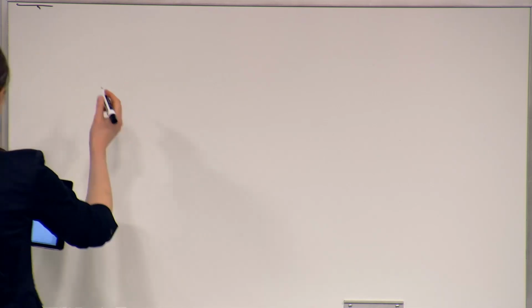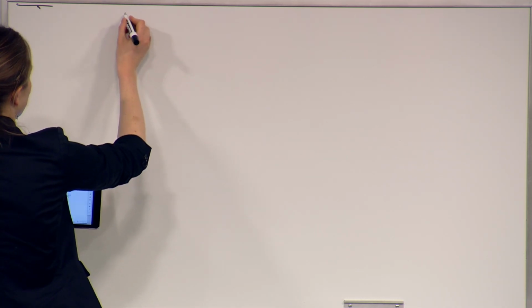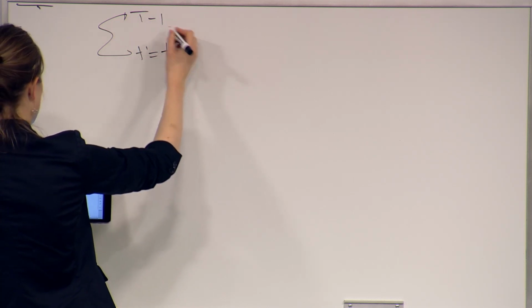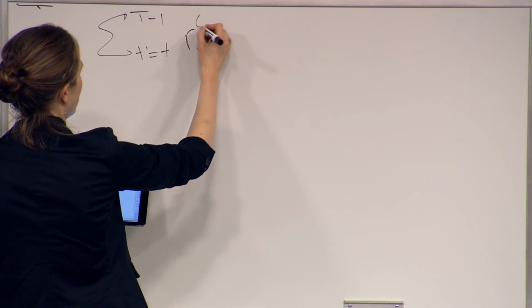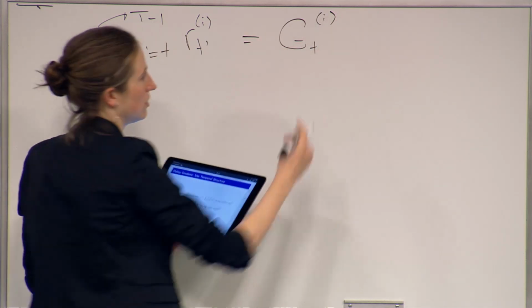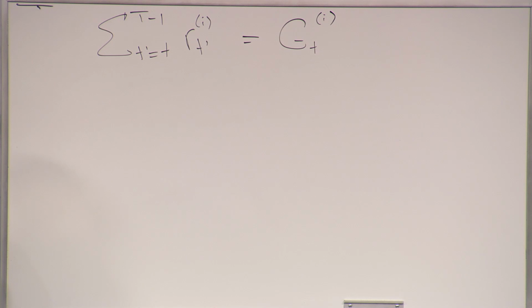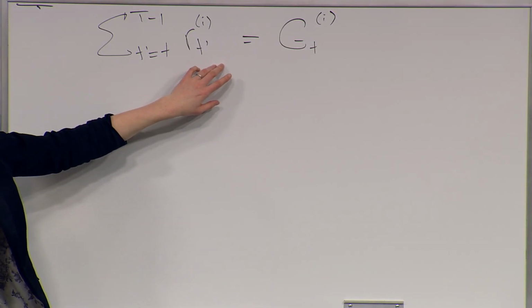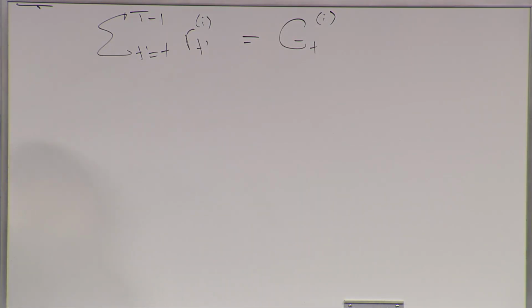We had previously defined that when we were talking about Monte Carlo methods, that we could always just look at the sum of r_t prime on episode i. This is just equal to the return for the rest of the episode starting in time step t on episode i. So that should look very familiar to what we had seen in Monte Carlo methods, where we could always say from this state and action, what was the sum of rewards we get starting in that state and action till the end of the episode.